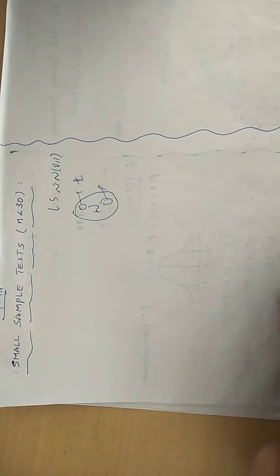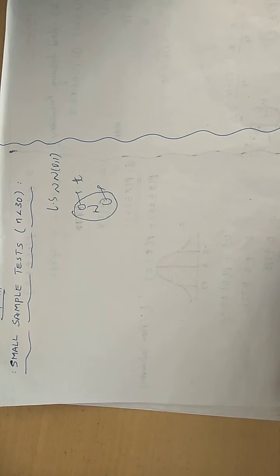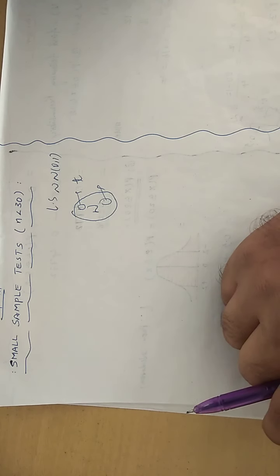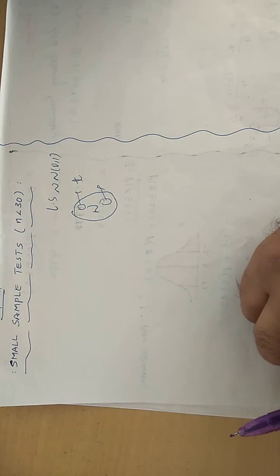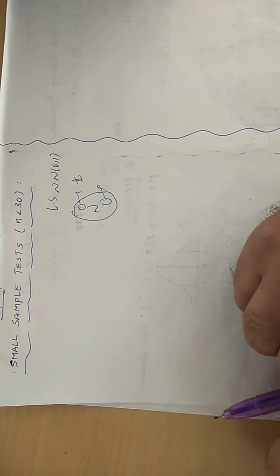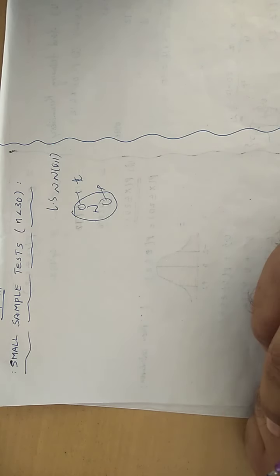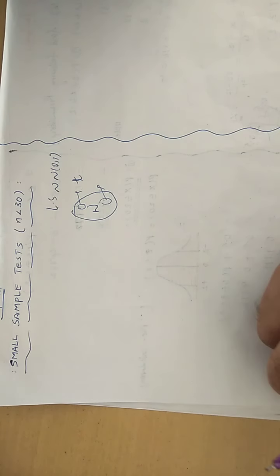Yesterday we were discussing. That is a very important point. In the case of large samples, the sample itself is normal, but in the small sample test the population is the normal distribution.